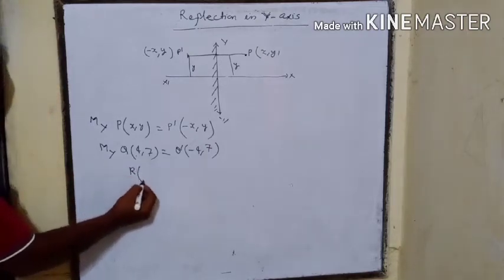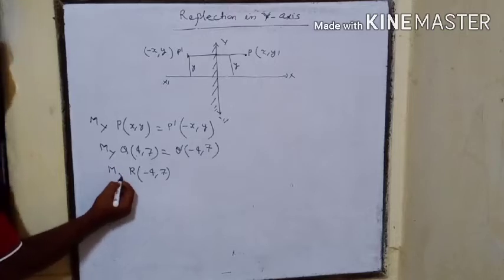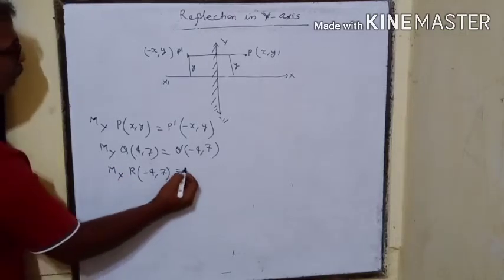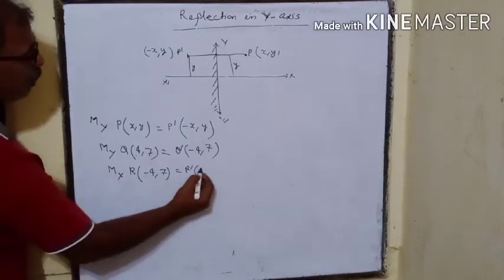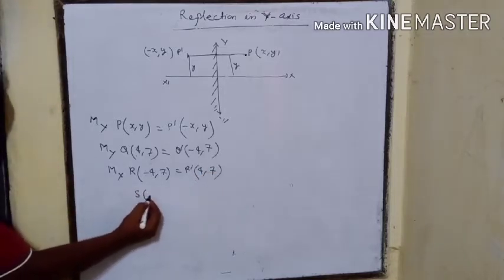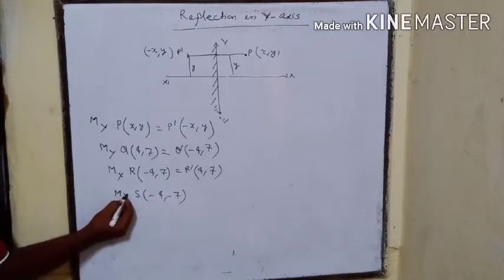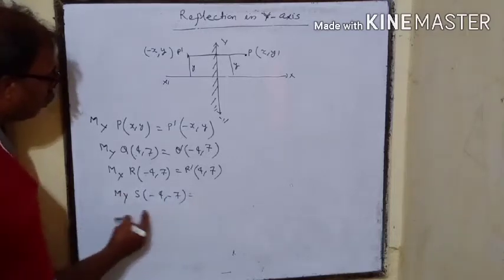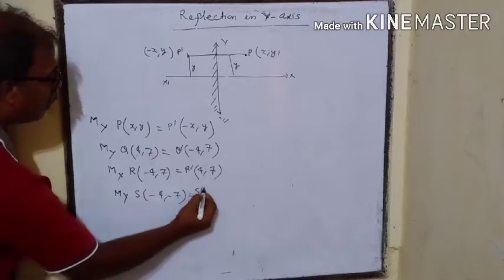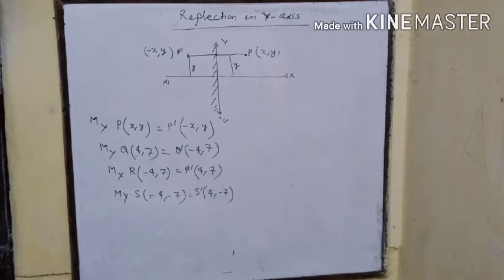If a point R is minus 4 and 7, and its reflection in the y-axis is to be calculated, it will be R dash: minus 4 will become plus 4, and 7 will remain the same. If S is there whose coordinate is minus 4 and minus 7, and we have to find its reflection in the y-axis, the sign of x will change, so S dash will be plus 4 and minus 7.